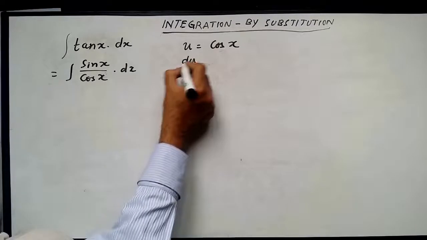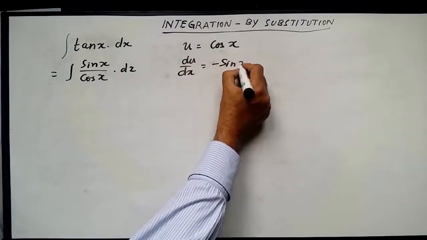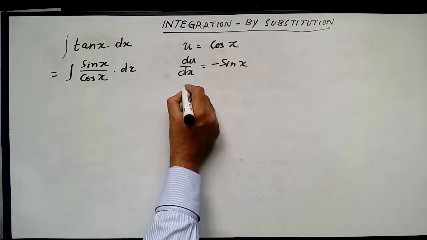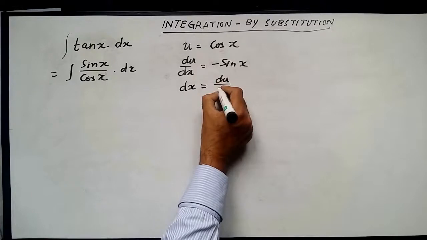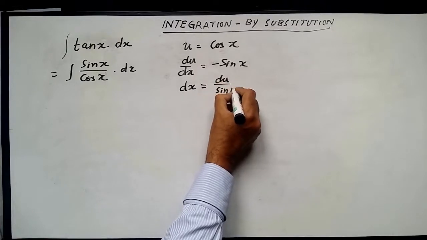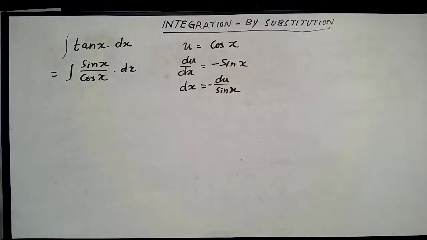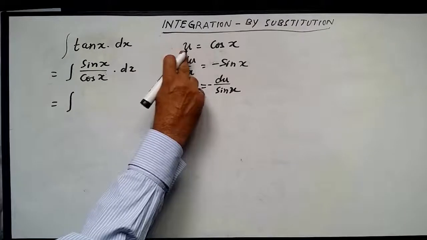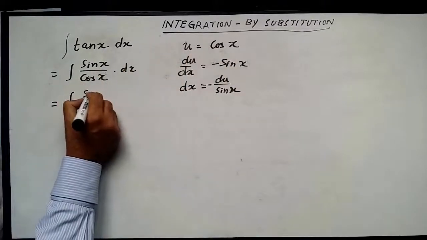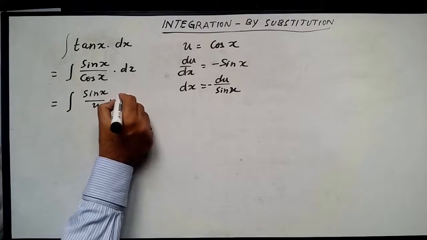So du by dx is equal to minus sin of x. So dx is equal to minus du by sin of x. Okay, now we know that we have replaced u by cos x, so this becomes sin of x by u, and dx is what?